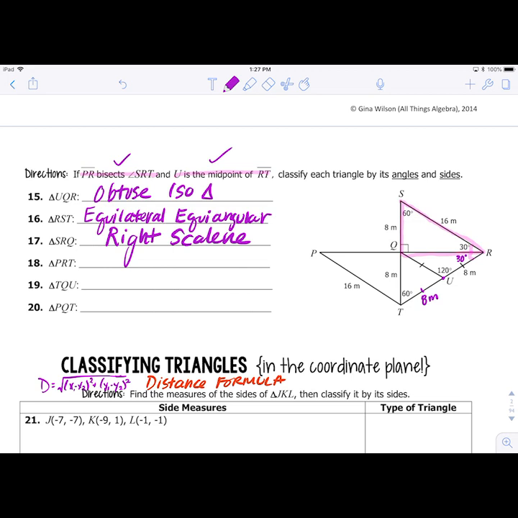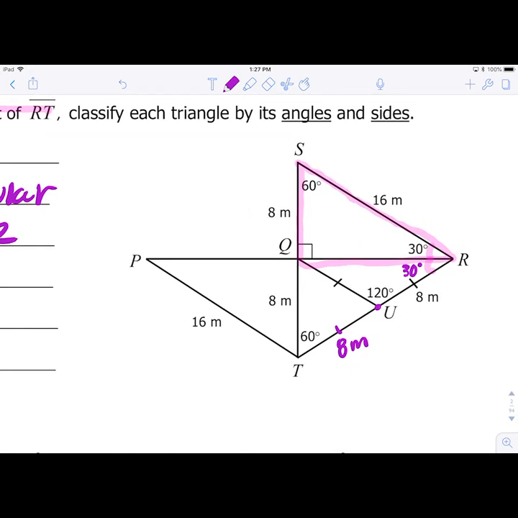All right. Let's take a look at triangle TQU, so number 19. What do we notice?